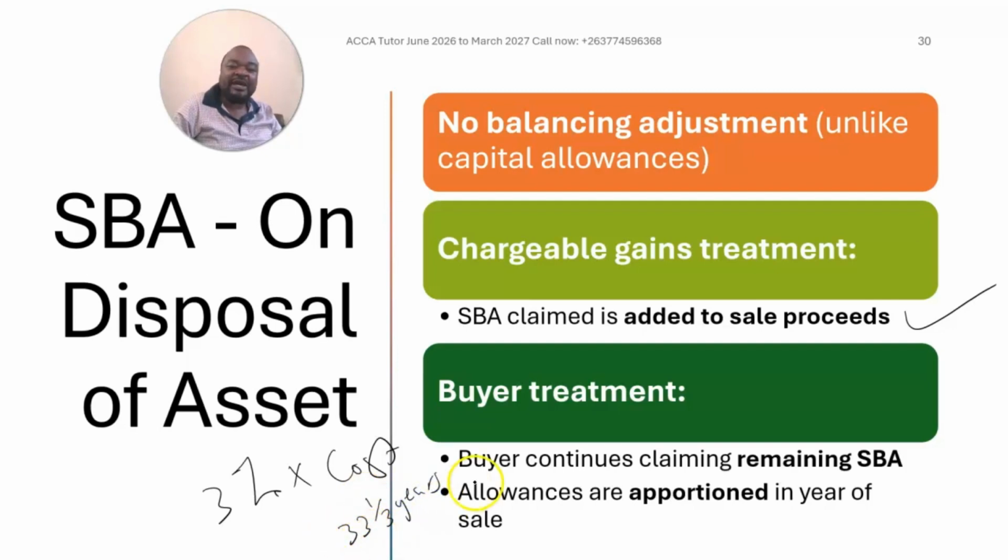Until the expiry of these years, the buyer continues claiming the 3% on cost, because it is claimed on a straight line basis. Allowances are apportioned in the year of sale.